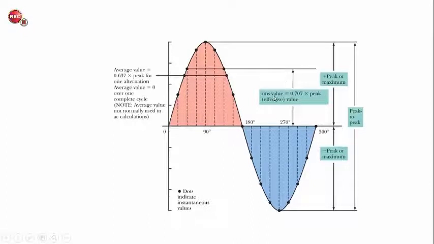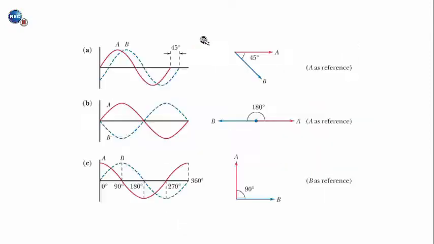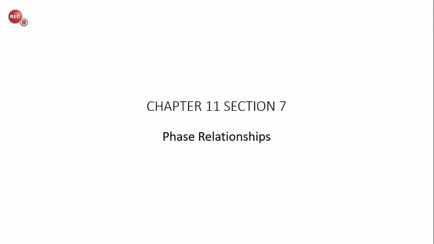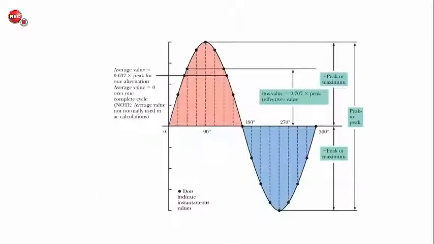We also have two other values that we're looking at here. One of them, first of all, is the average value. And so if we could cut up this pink section of the sine wave into a very large number of very small squares, and we were to restack those squares so that the waveform was level, no longer a sine wave, but rather more like a rectangle.